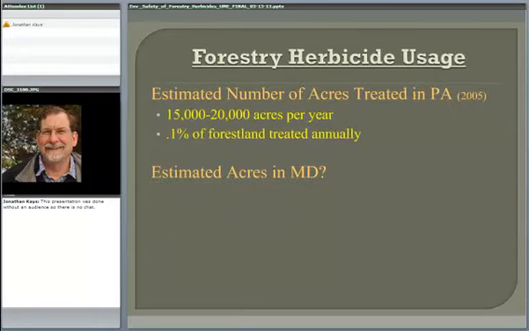And the question that comes up is, well, how much of this material is being used? We're very concerned about that. Well, just to give you an idea, in Pennsylvania, in 2005, 15,000 to 20,000 acres of forest land or woodland was treated. Maybe 0.1% treated annually. Numbers from Maryland are much, much smaller. I have some numbers I received from the Maryland Department of Natural Resources Forest Service last year.